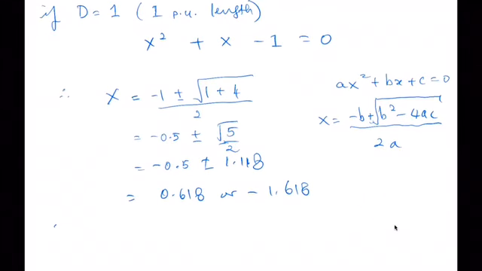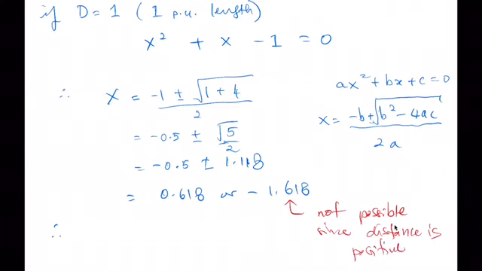Therefore, it cannot be negative because it's distance, and distance is positive. So the answer is x is equal to 0.618 multiplied by d, which is 1. So now if you bring it back, it is d. So this is the answer.